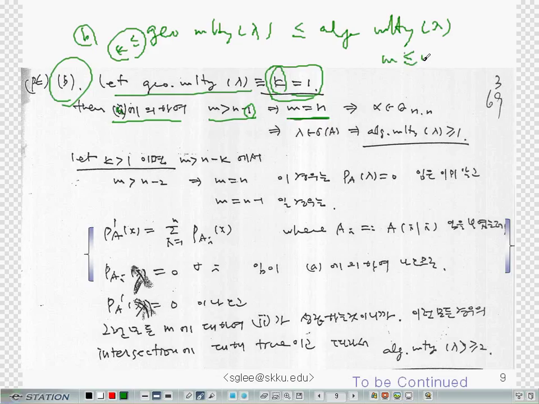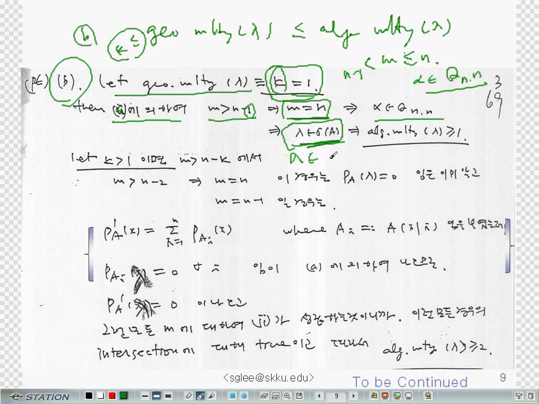m is always less than or equal to n. Okay. So if this is bigger than n minus 1, then it's got to be equal to n. Then what does it say? Alpha was chosen from m and n. That means we chose every column and every row of the matrix A. That means lambda is in this matrix.